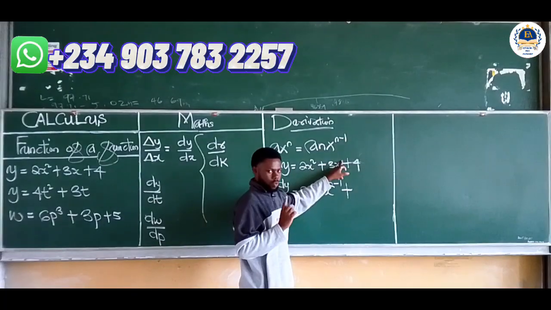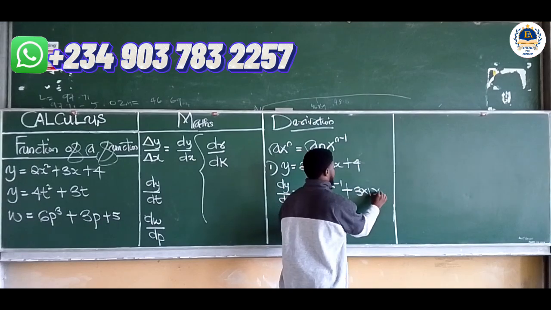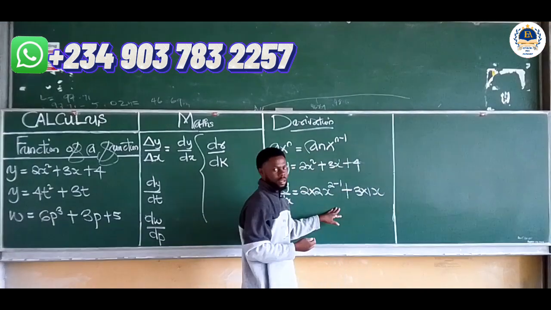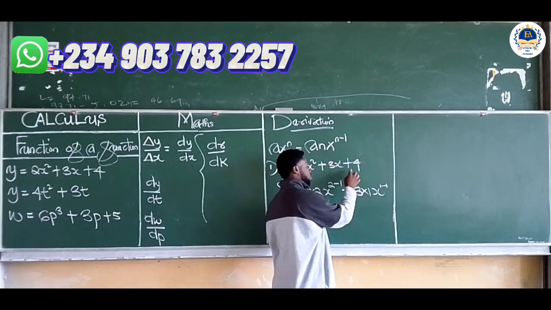The power here is 1, so 3 times 1, x raised to the power of 1 minus 1, then plus 4.